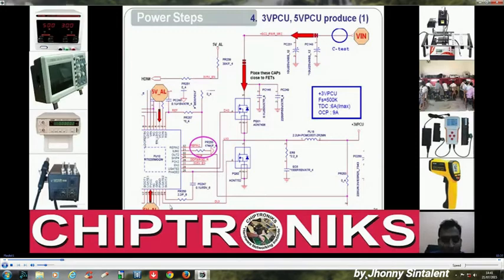This LGATE2 and LGATE1 are generated by a gate drive circuit inside this RT8206, and the power to that gate drive circuit is fed by PVCC. So if there's no voltage at PVCC, this won't work, because LGATE2 comes only when PVCC is powered.